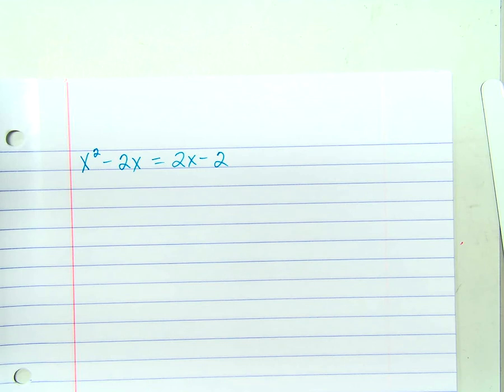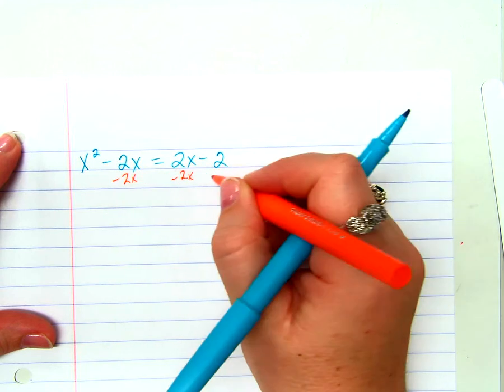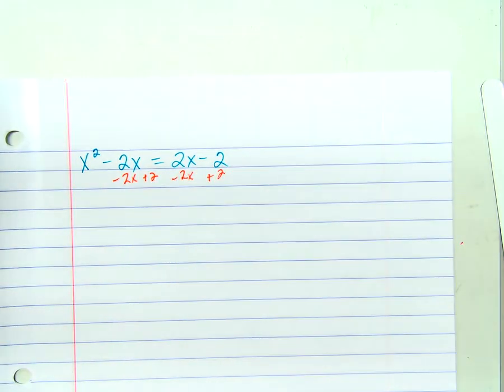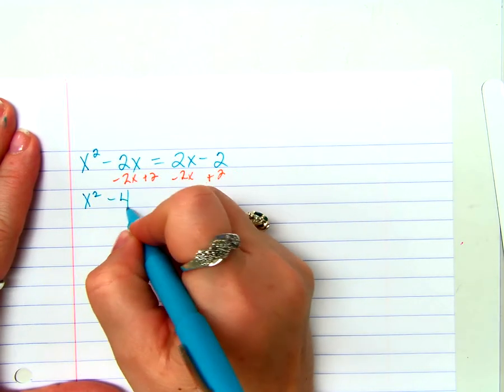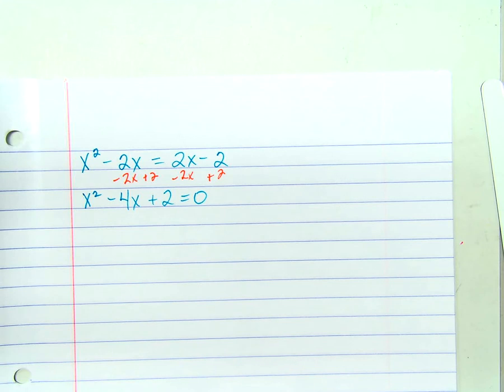Most of the time, it does not matter. But I want to keep my x squared term positive if at all possible. Okay? So let's move the 2x. Is that what I heard you say? And add the 2. So I'm going to end up with x squared minus 4x plus 2 equals 0. Yes? Okay.